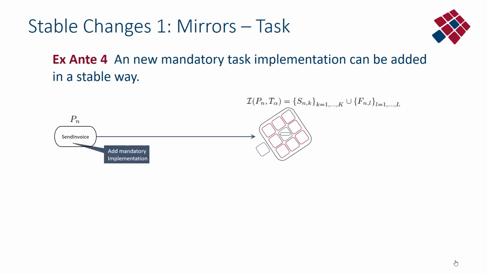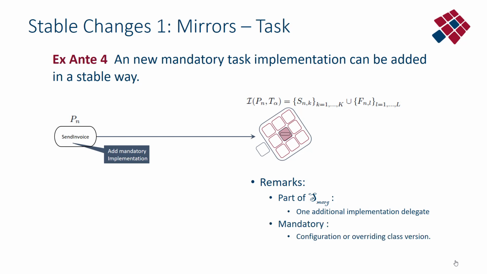In case you have a new and mandatory implementation, for instance, a new and mandatory protocol to collect data from an IoT sensor, you just have to implement an additional implementation delegate. And so the marginal set of versions of software constructs consists of an additional implementation delegate. And you can make it mandatory by simply overriding the previous class version or by simple configuration.